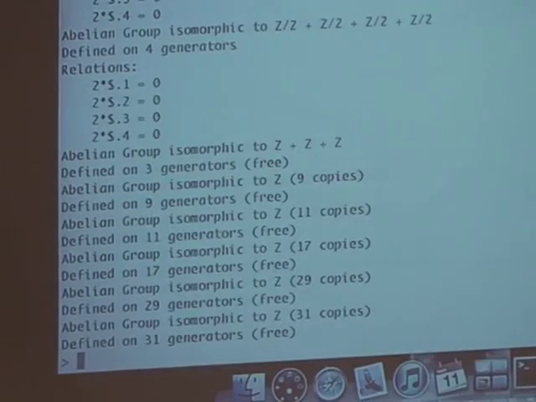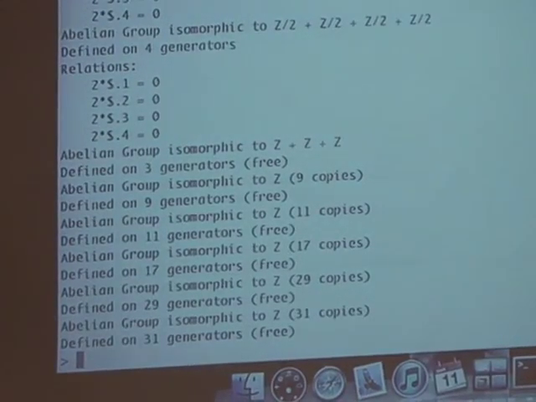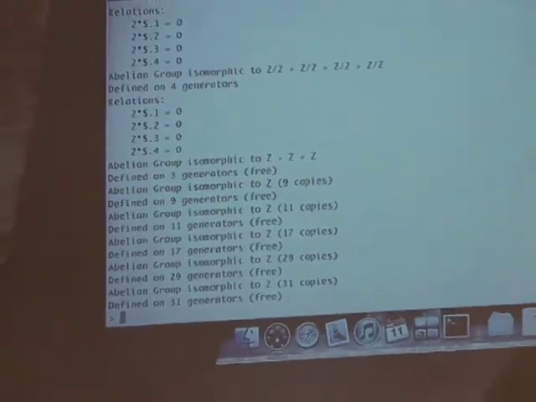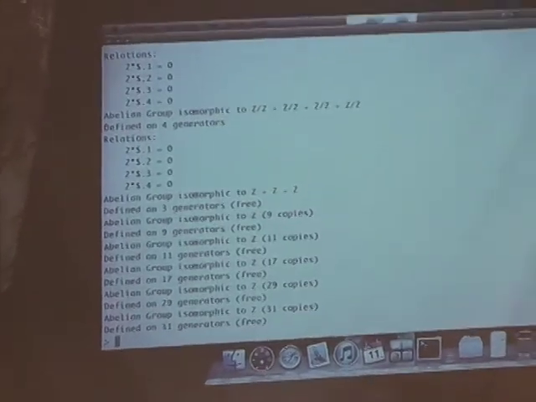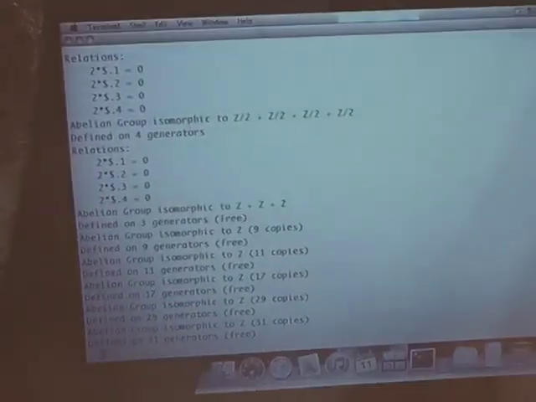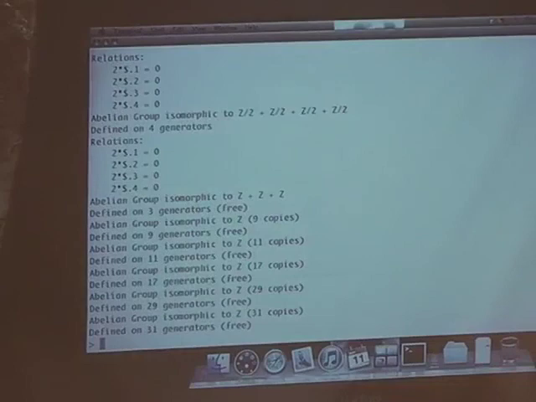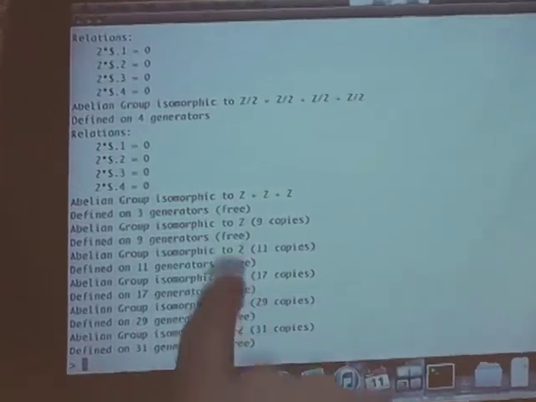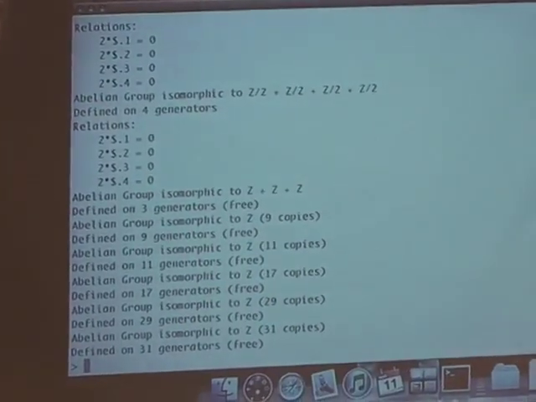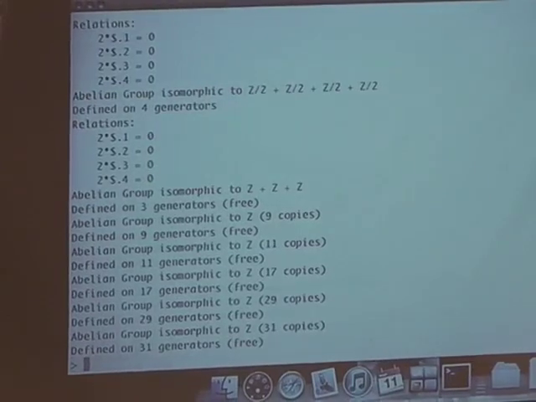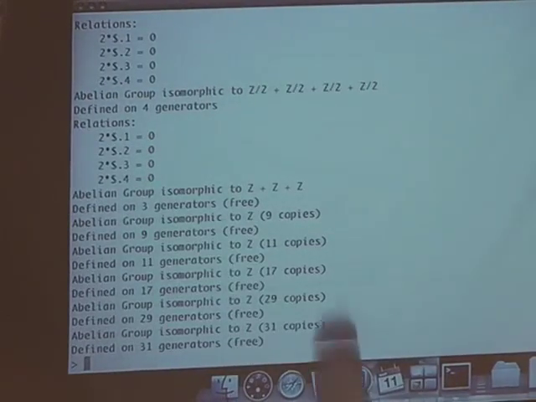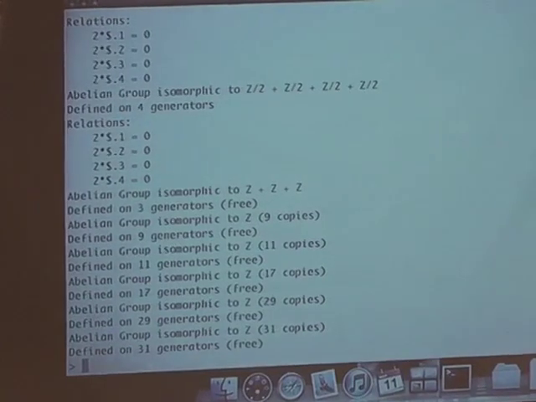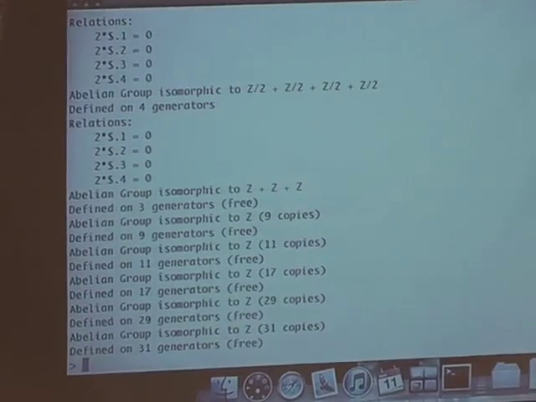Not the congruent subgroup. And you can check the indices of these. I'm not going to do it. But in fact, those are all congruents. But anyway, they're free groups. You can actually compute that those are actually free groups on 9, 11, 17, 29, and 31 generators. So you've got free subgroups of finite index in this group.